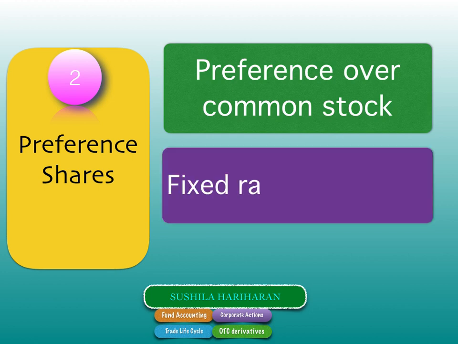The preferred stock gets a fixed rate of dividends. Like I explained in common stock, if the company makes profits and wants to declare dividends, then they can decide dividend rates, which have to be approved by the common stockholders who have a one-to-one voting share right.